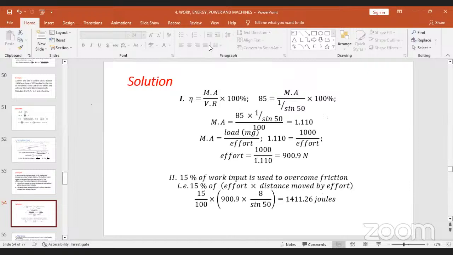If you look at my working, 15% of the work input is used to overcome friction. So I'm asking, where do you think the 15% came from? I wanted someone to explain to us where that is. I can't see the names of the people who have raised their hands, but I can see 5 people have raised their hands.